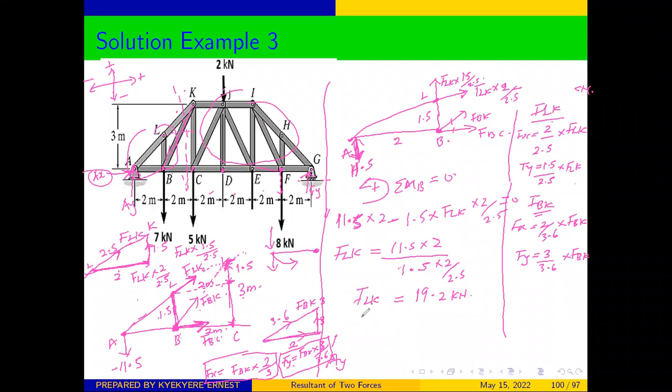Once you are done determining FLK, we can also use our second equation, sum of forces in the y is equal to 0. And as usual, if we move up, it's positive.